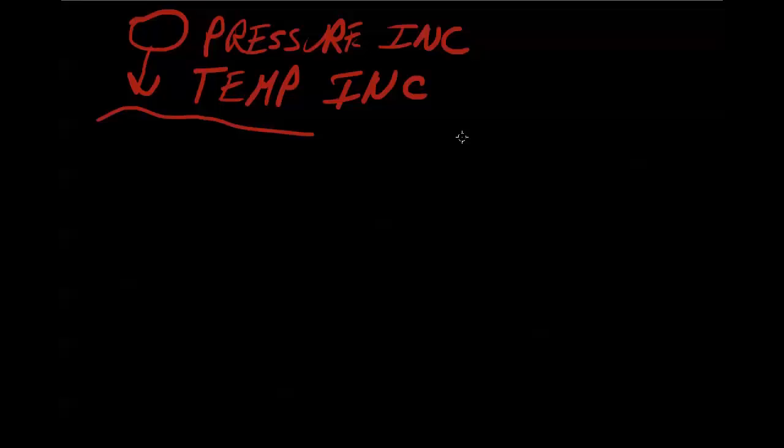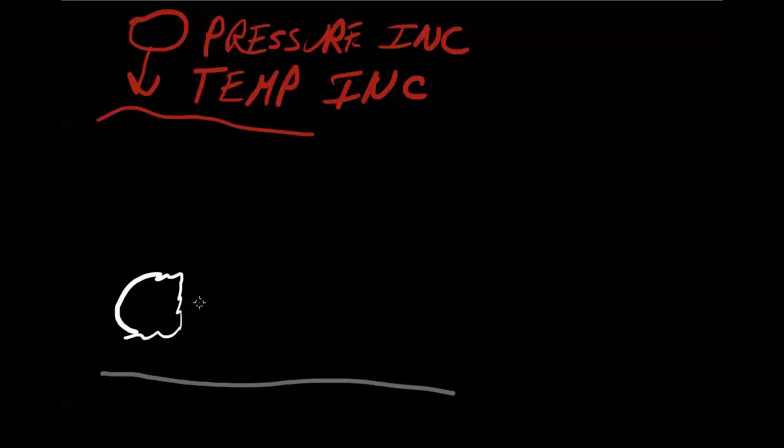Well, when you think about this, we're going to take a look at a parcel of air. And this is maybe the easiest way to think of this. We've got some air here. As it rises in the atmosphere, we know the temperature will decrease because pressure decreases.